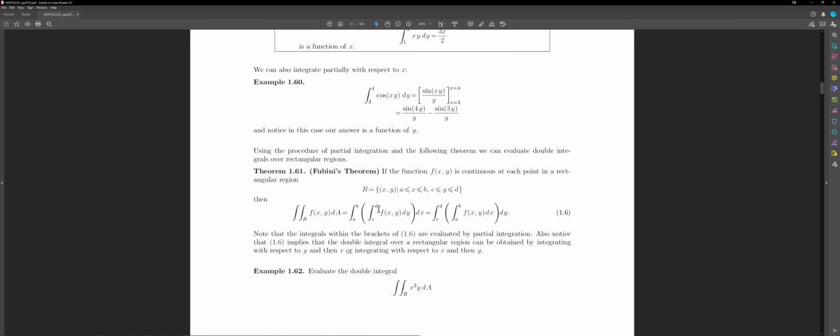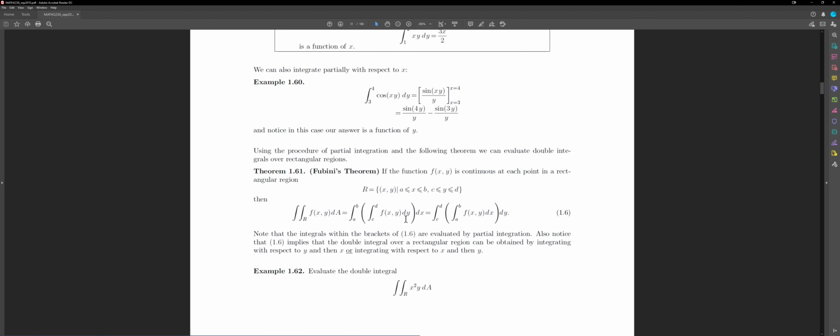You work out the inside integral, the one inside the bracket, first using partial integration. Then you integrate that answer with respect to x, and when you do your second integral, you're just going to get a value.